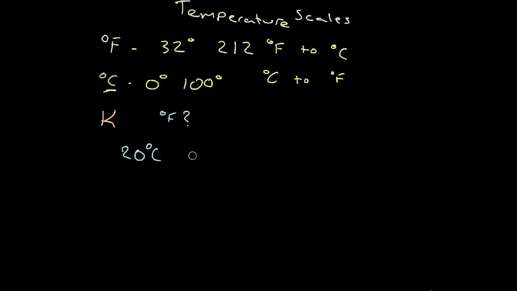Here's the formula for going from Celsius to Fahrenheit. You take 1.8 times your degrees Celsius and add 32. And this is really easy.